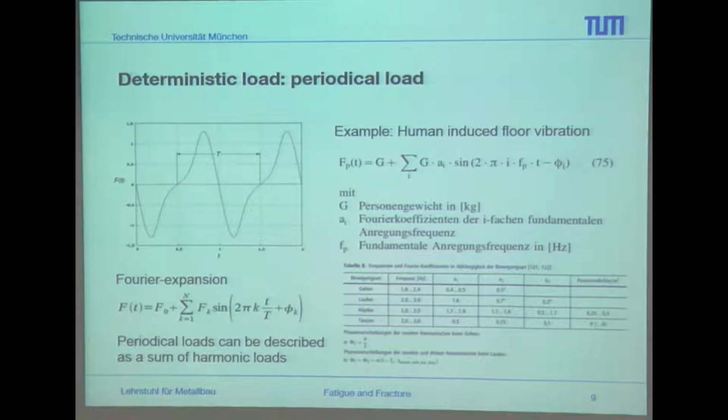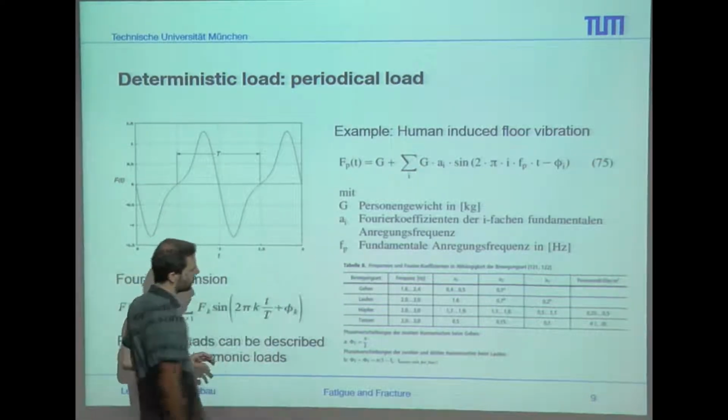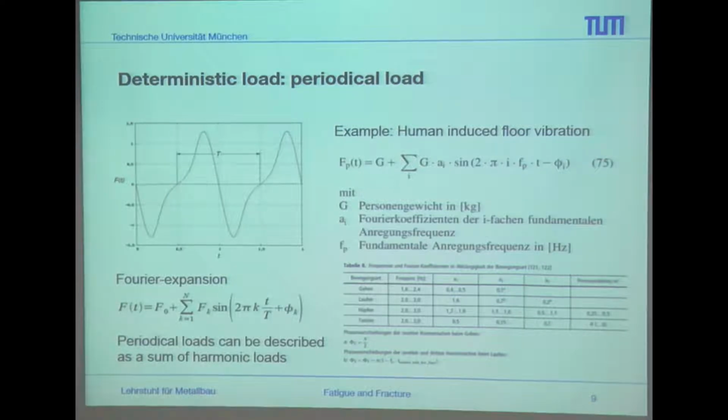So, how does it look for periodical load? Periodical load, for example, can be a human. So for example, you can go over a bridge, and to have some further information with, for example, some Fourier expression, which is also related to this here, you can describe the moving of a person in a simple engineering model for the loading.